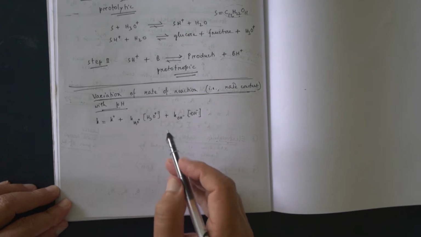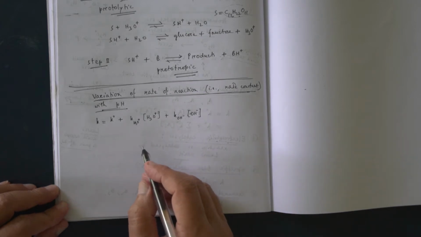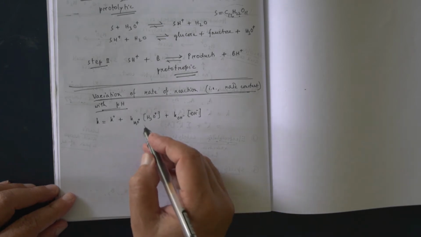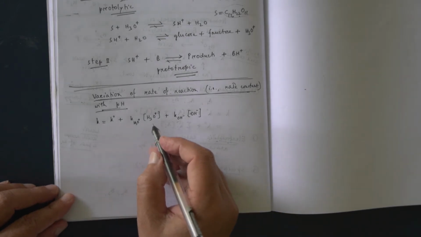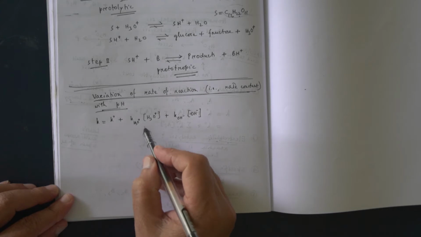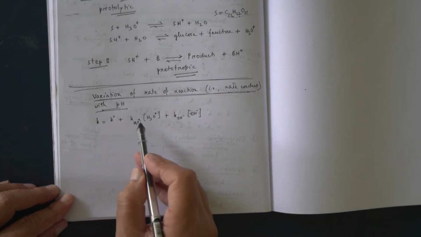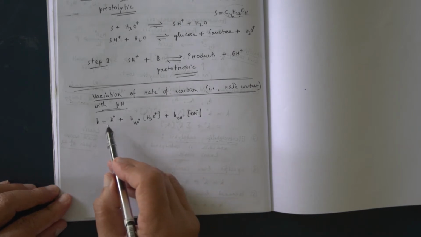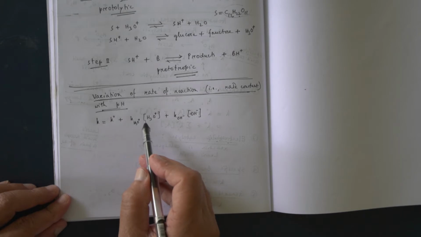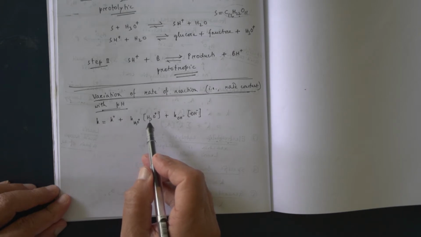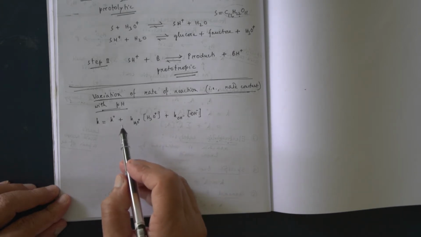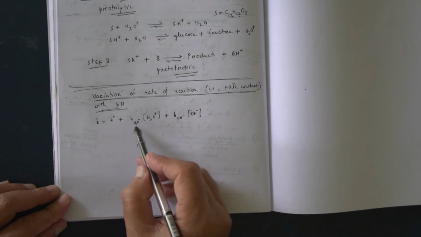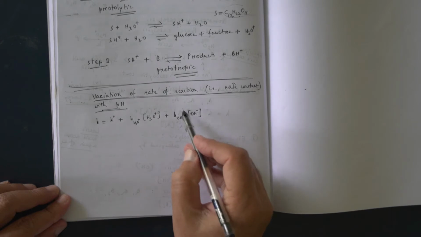For example, if we take 1 molar HCl solution and the reaction is catalyzed by it, the reaction will be catalyzed only by hydronium ion, not by hydroxide ion.